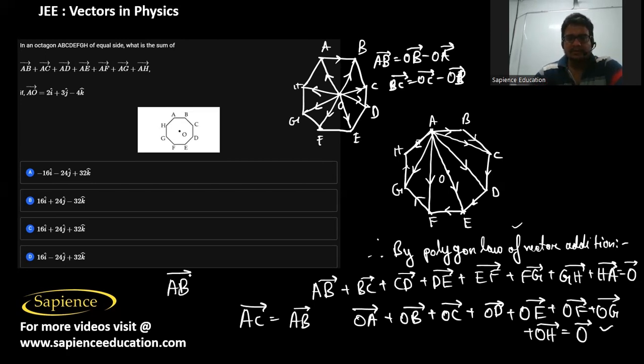That is, AB vector is actually OB vector minus OA vector, and minus OA vector is equal to AO vector. So AB equals OB plus AO vector.